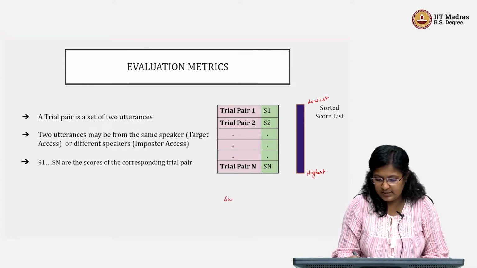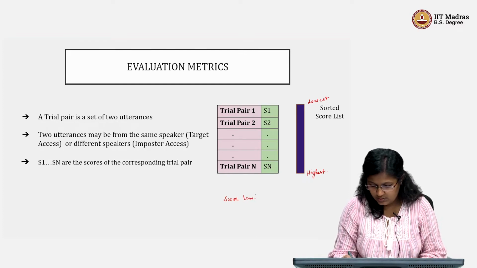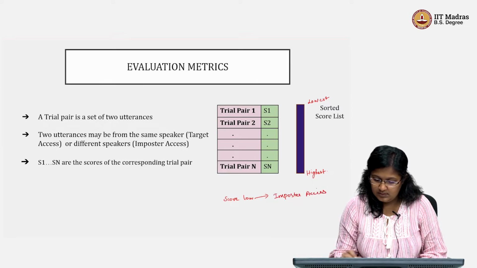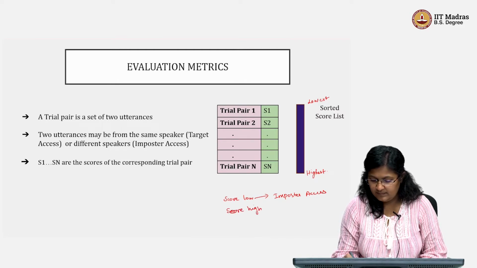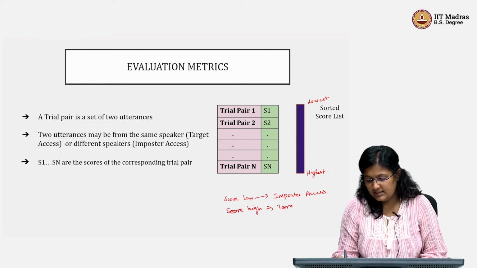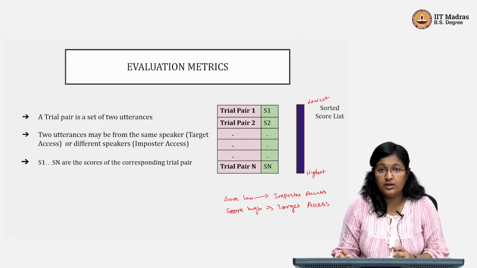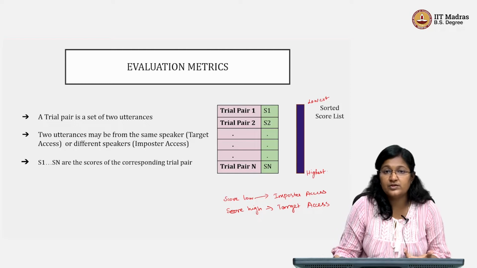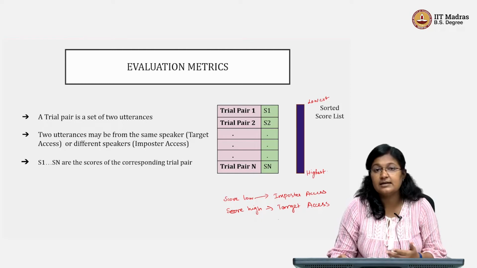If the score is low, it would mean it's an imposter access, and if the score is high, then it's a target access. I won't say that it will definitely be imposter access or target access, but there is a high chance that it will be an imposter access if the score is low, and a high chance that it will be a target access if the score is high.